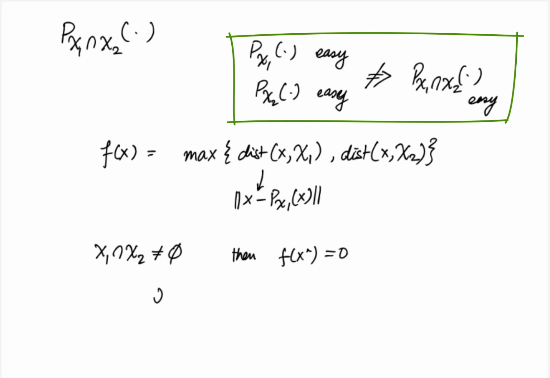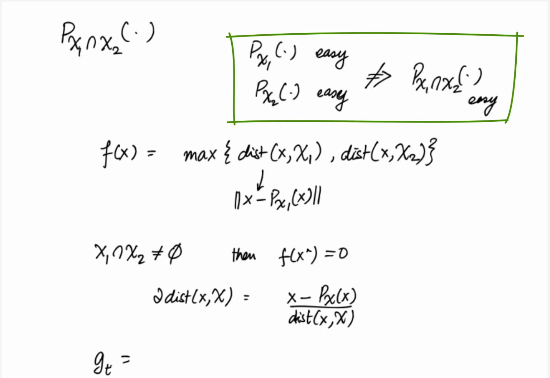We have already shown that the subgradient of the distance function is given by x minus P_x of x divided by the distance of x from calligraphic x. The subgradient of the max of the distance functions is basically the subgradient of the distance function for the index that maximizes that distance.